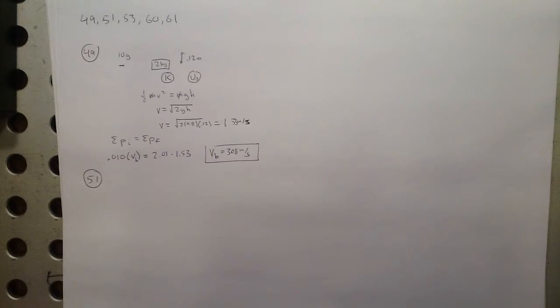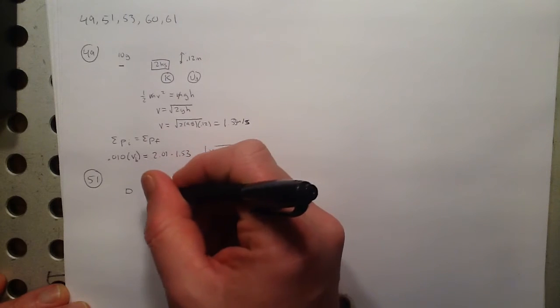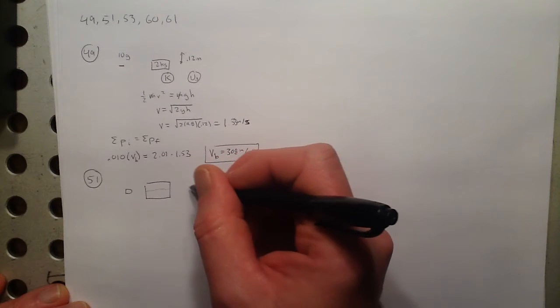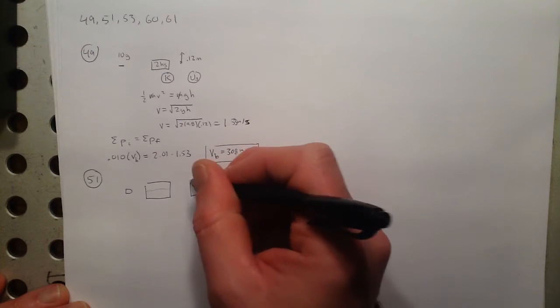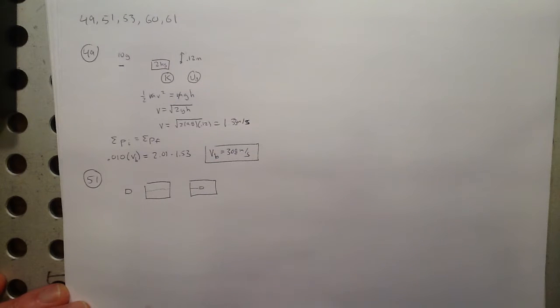Number 51. We have this time a bullet that's fired. It goes right through this first block, but it will give it some momentum as it goes through, and then it gets embedded in a second block.